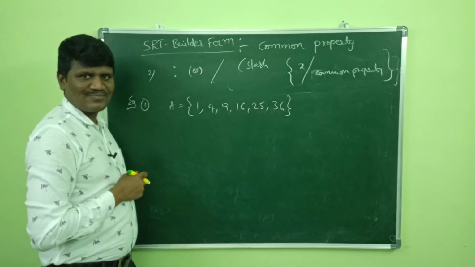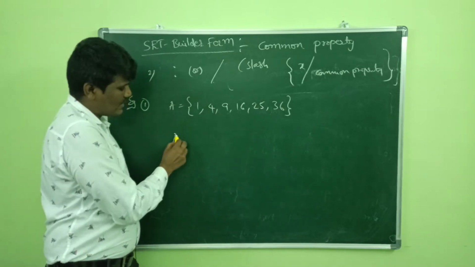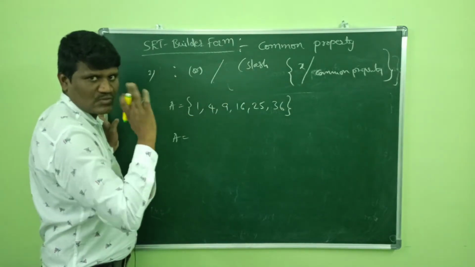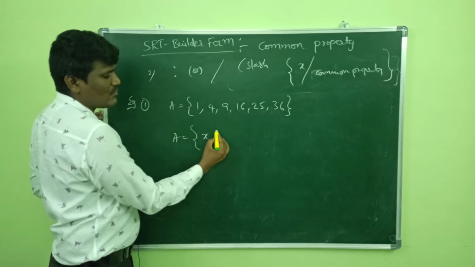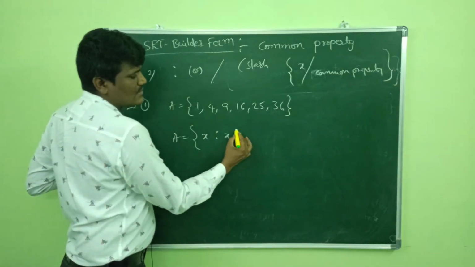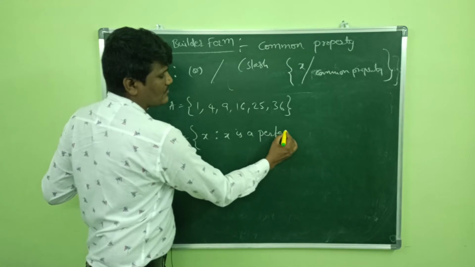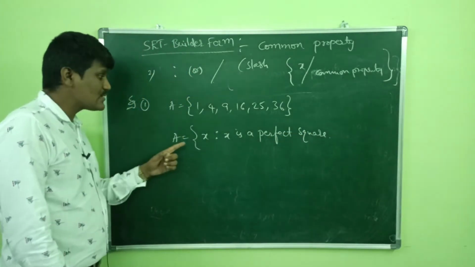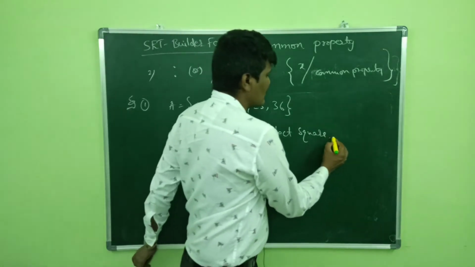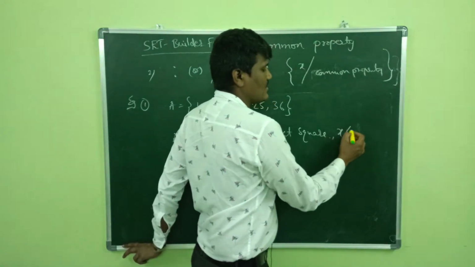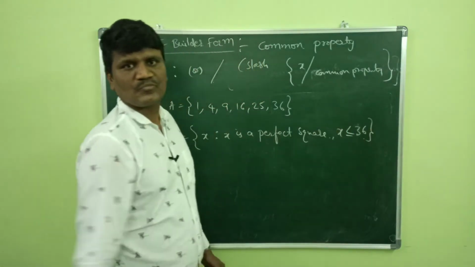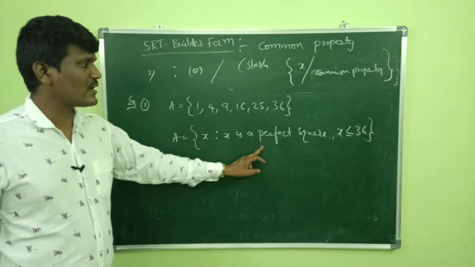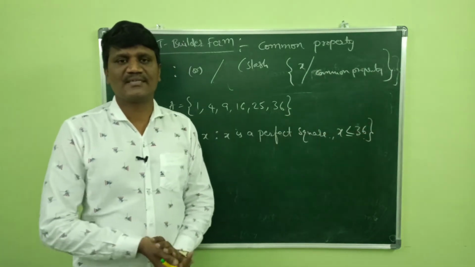So the set builder form is x such that x is a perfect square and x is less than or equal to 36.